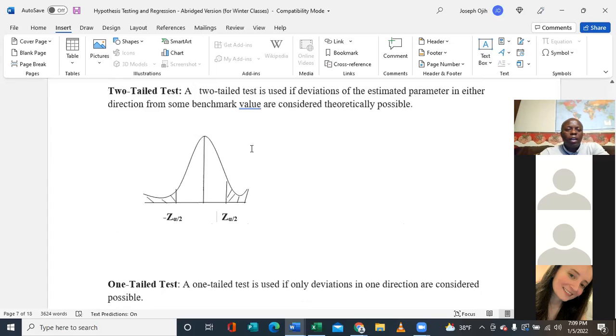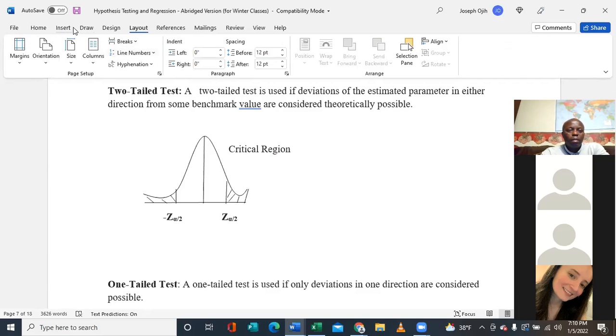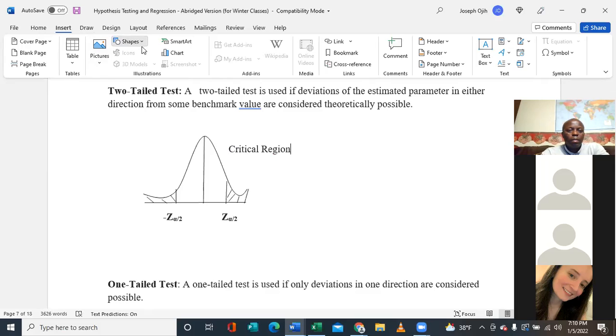So here is the critical region. This is the critical region.